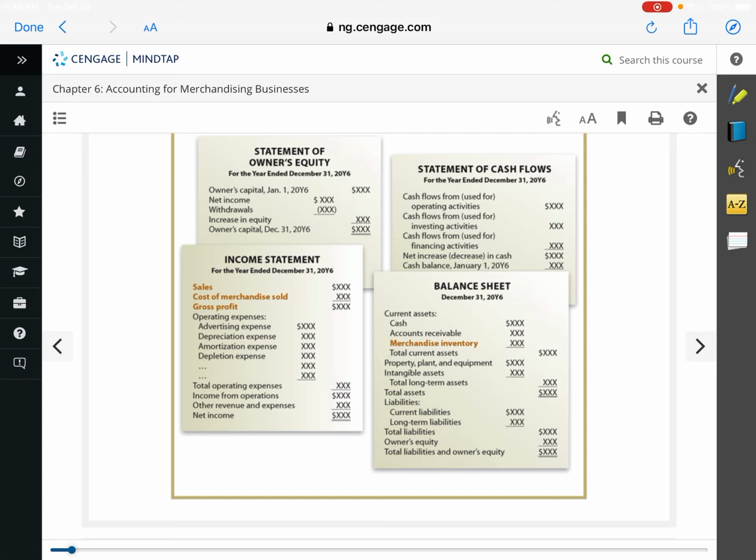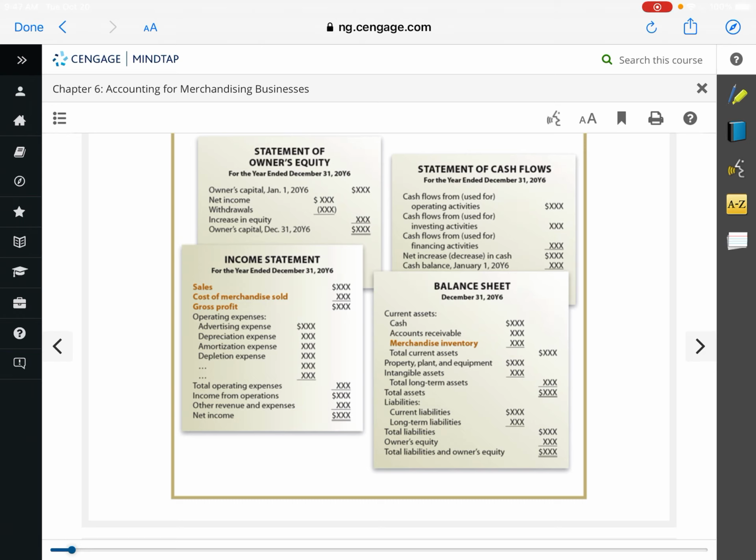Okay? Now, when we look at the balance sheet for a service industry, we didn't necessarily have inventory. You know, we went out, we performed a service, so we didn't have this inventory that we were trying to push through our store. When you talk about a merchandising business, like Walmart, you have a lot of inventory. And so if you're talking about milk, we don't want that inventory to sit on the books for too long, do we? You don't want your milk sitting in the store past the due date. So we want to have a high inventory turnover when we're talking about certain products, like milk.